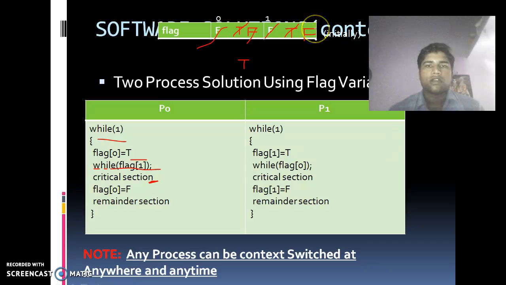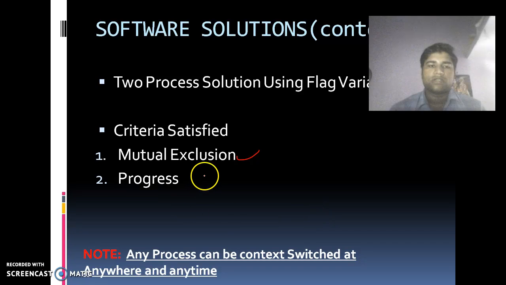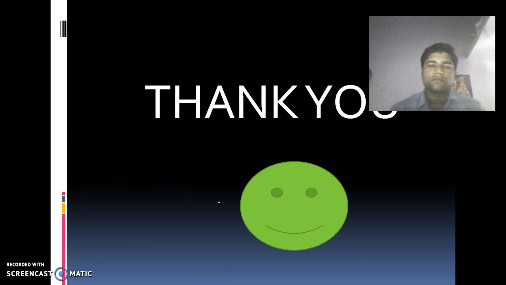Now we go into the other process and it also makes its flag true, because I was always saying that any process can be context switched anywhere. So here this is true and this is true. Now there will be a deadlock. No process will go into the critical section. This condition will be true and this condition will be true. So it also doesn't follow progress. So this is for both the solutions. Thank you.